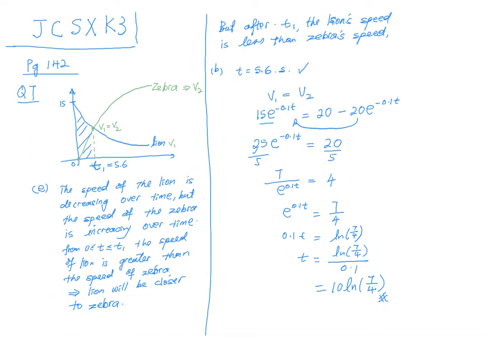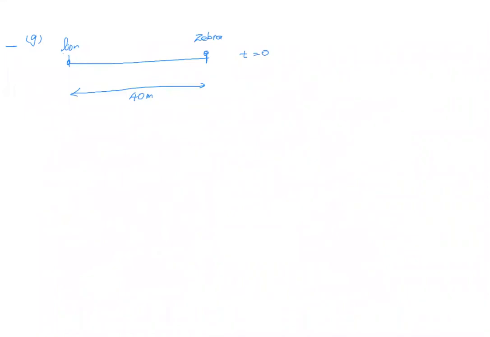So before you go to situation at t equal to 5.6 seconds, what you need to do? You need to find total distance traveled by lion.